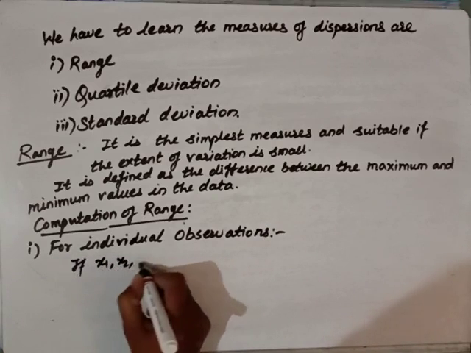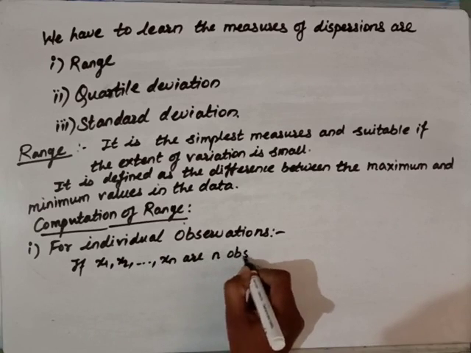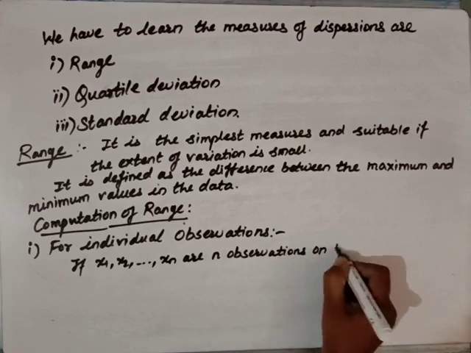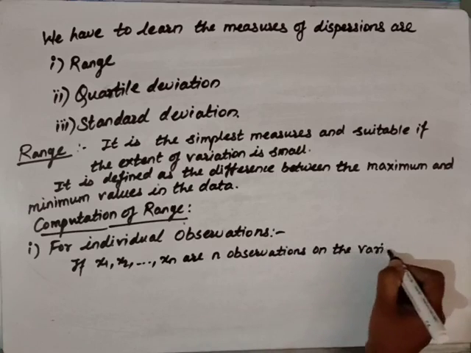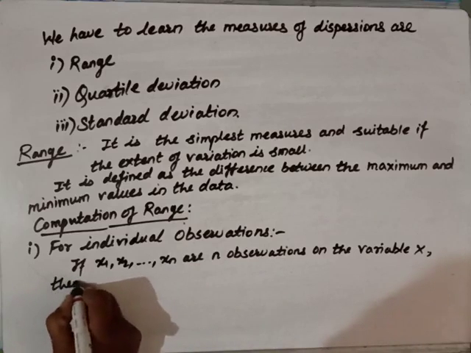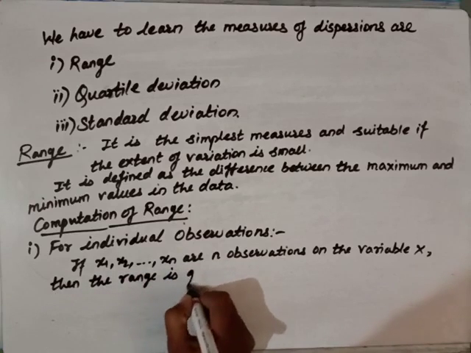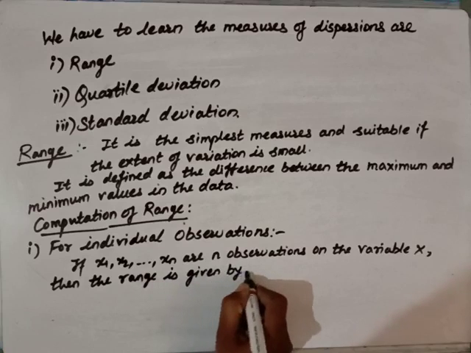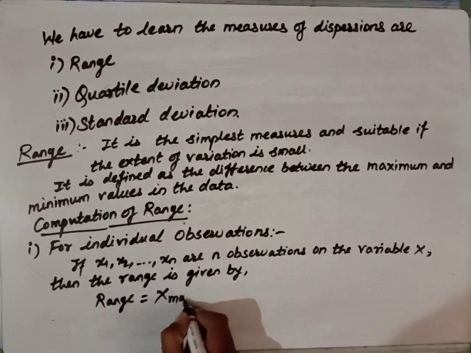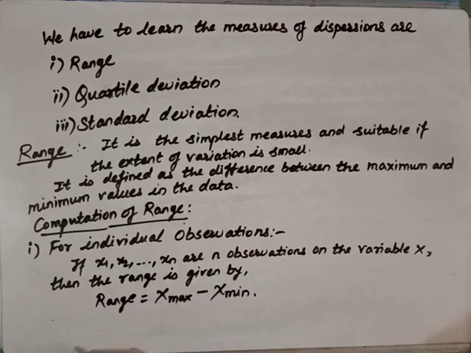If x1, x2, and so on up to xn are n observations on the variable x, then the range is given by the maximum value of x minus the minimum value of x.